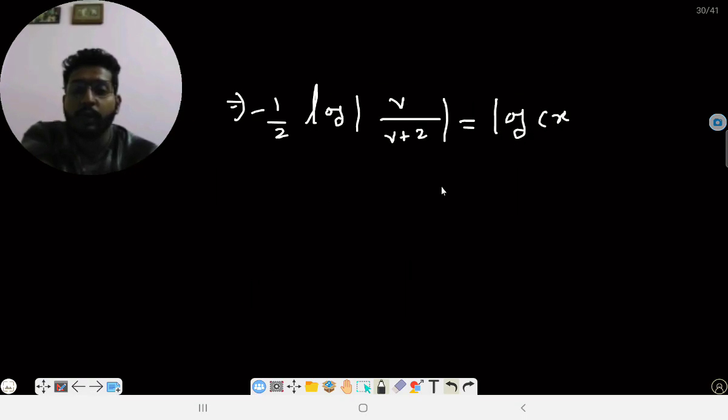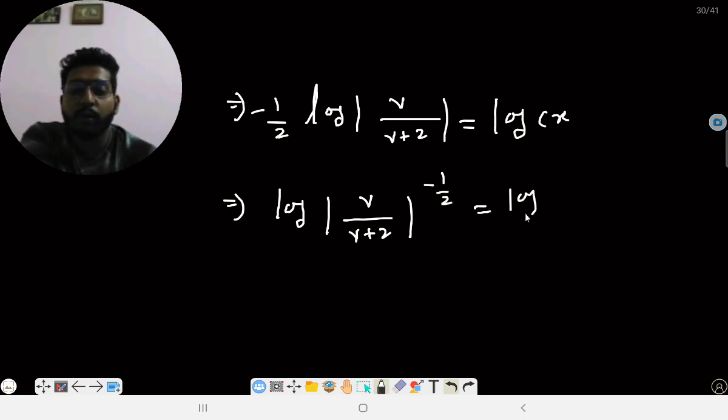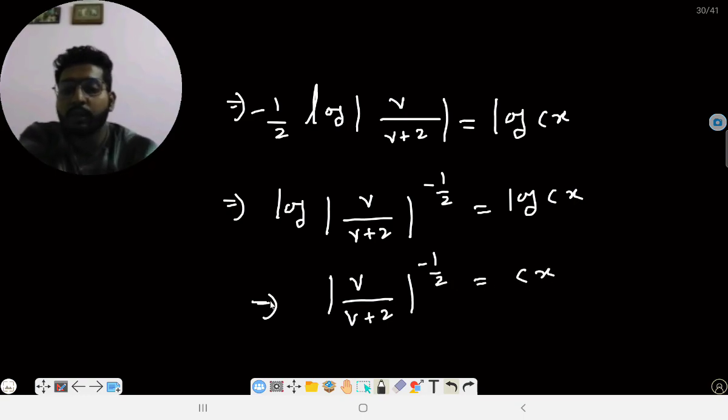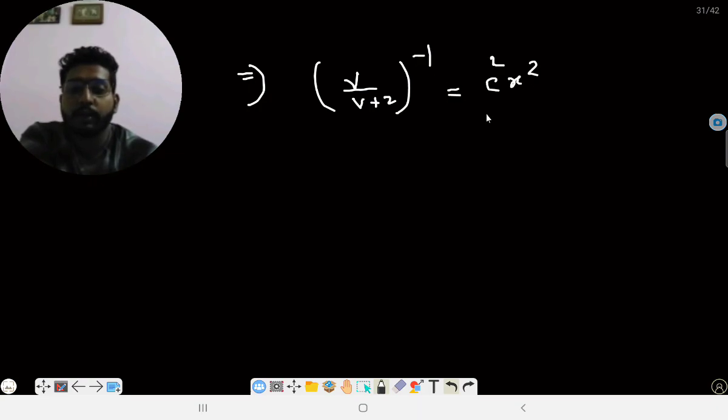Now minus half is there, so it will become log of (v by v plus 2) to the power minus half equals log cx. Now it will be (v by v plus 2) to the power minus half equals cx. Now if I square both sides, the power becomes minus 1, and it is c square x square.